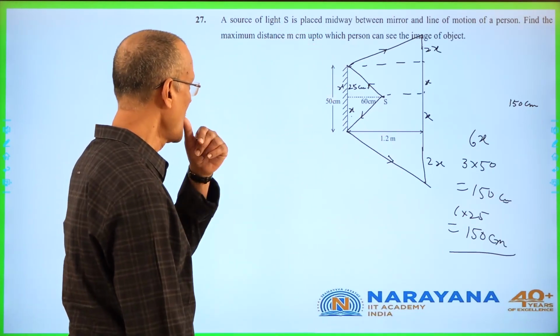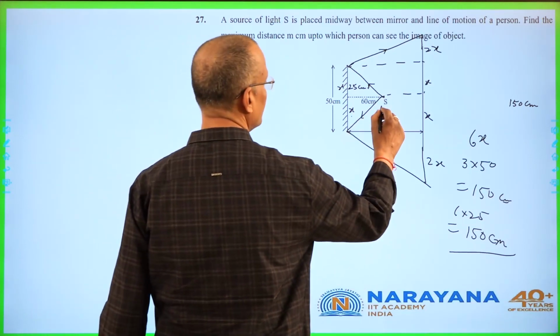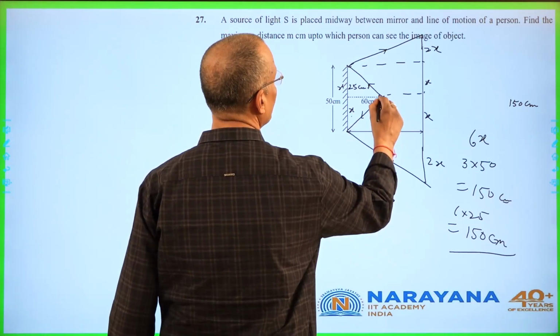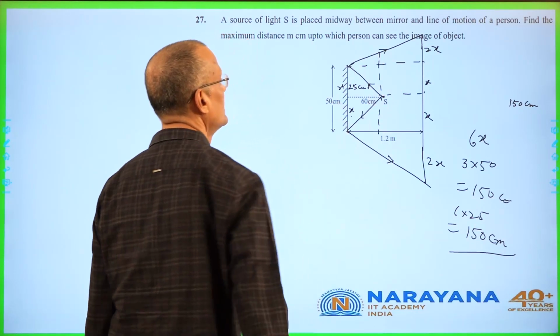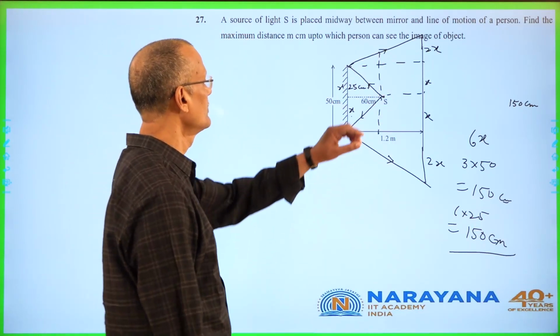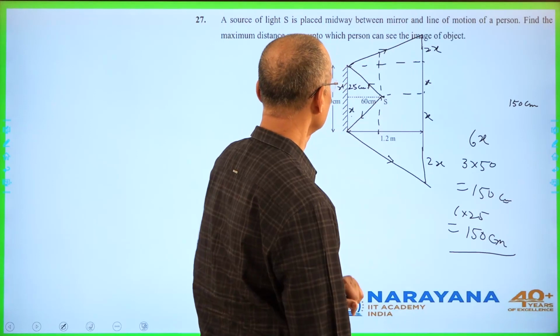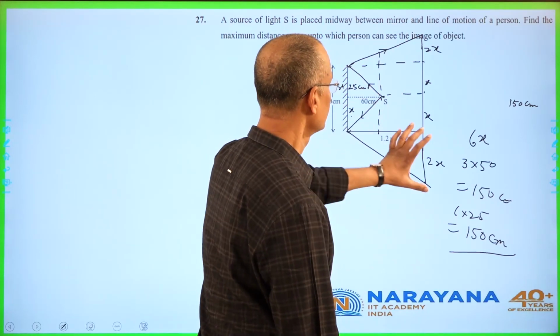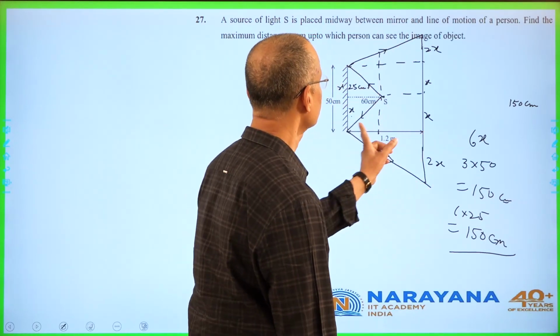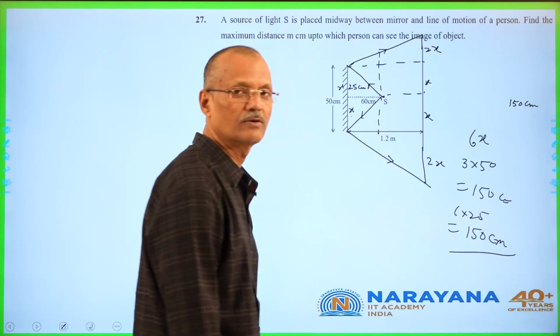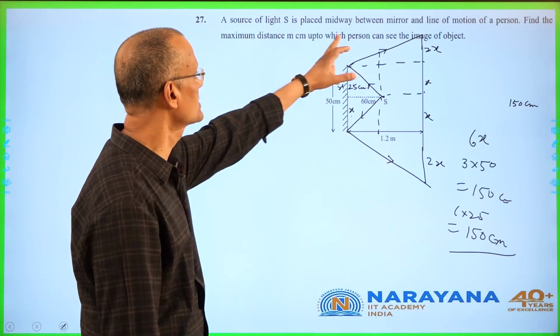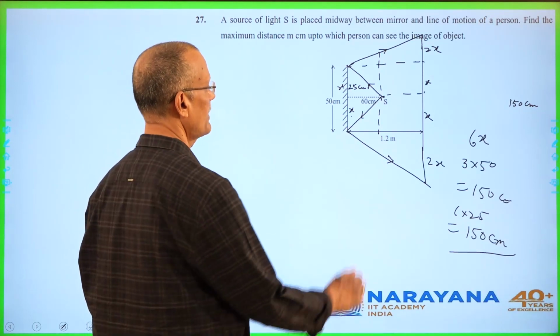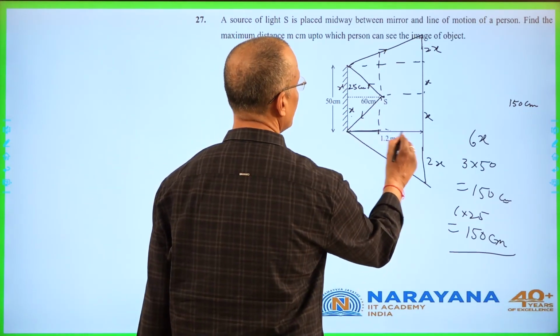Clear to you? Property of triangle, simply you will be considering, you are going to get the answer. If this is x, this will be 2x, this is x, this will be 2x, because this distance is doubled. You can check it. It is placed midway between mirror and line of action, so these distances are equal.